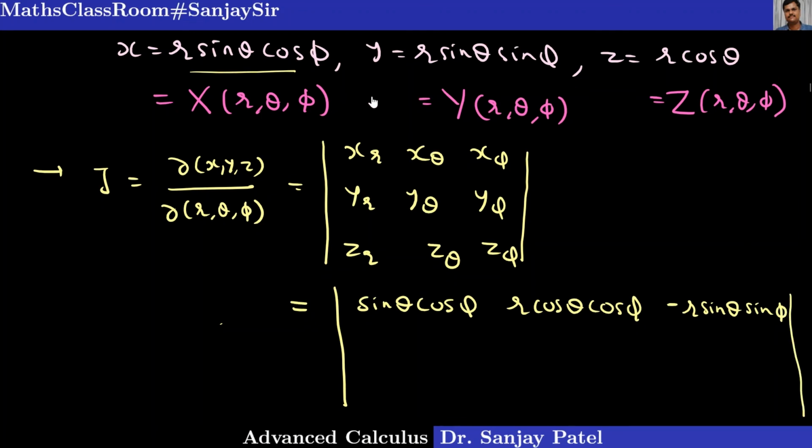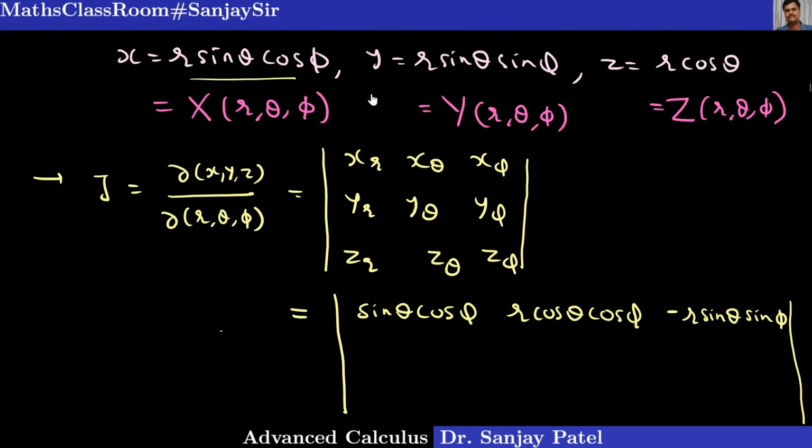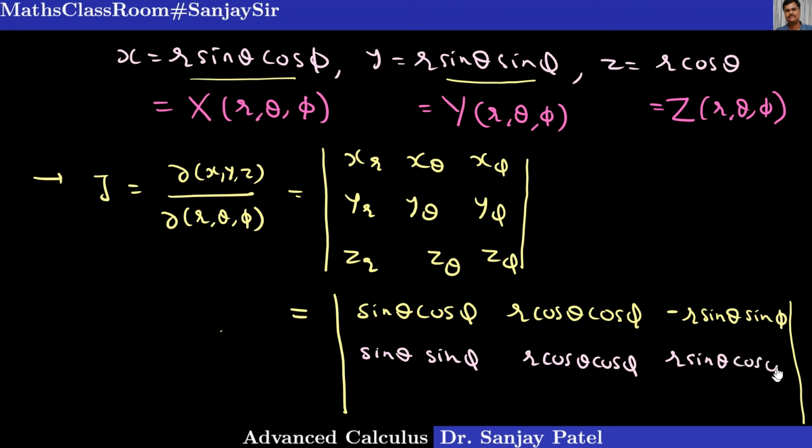Same way, we can find the derivative of y with respect to r, theta and phi. So y_r, that is derivative of y with respect to r, is sin theta sin phi. Derivative of y with respect to theta is r cos theta sin phi, and derivative with respect to phi is r sin theta cos phi.